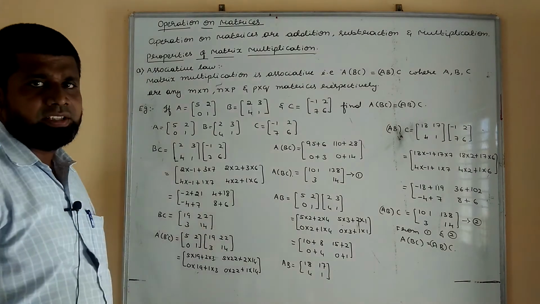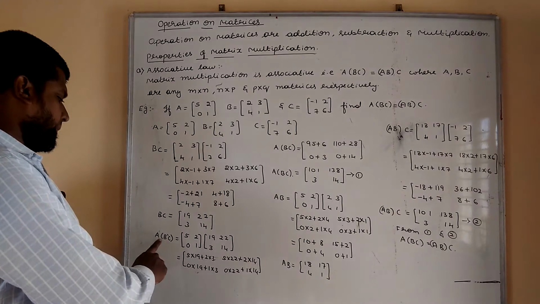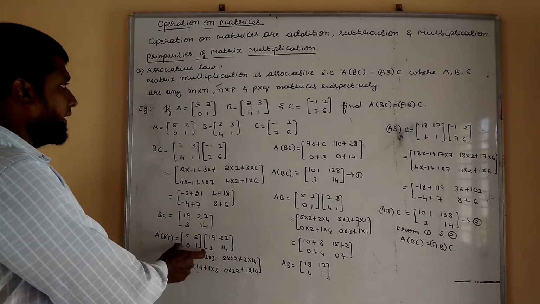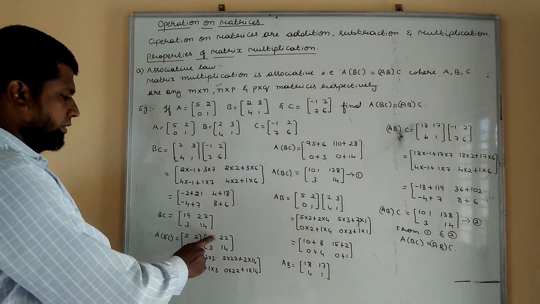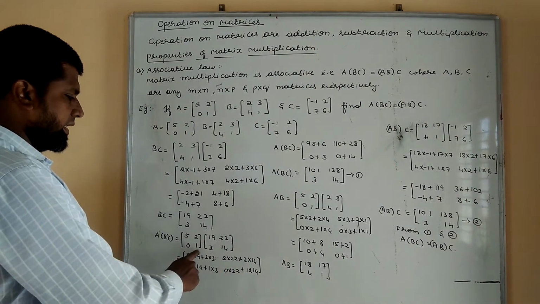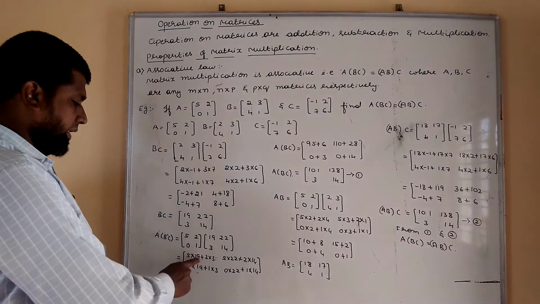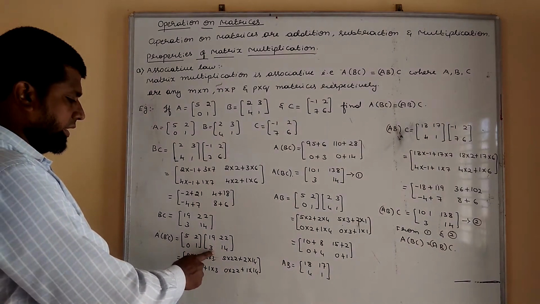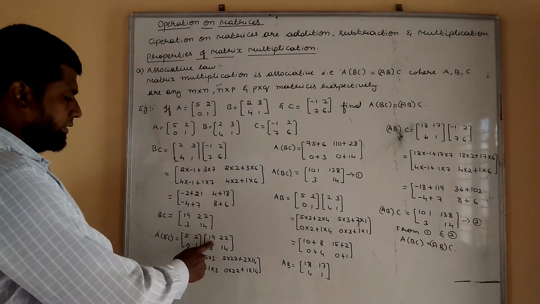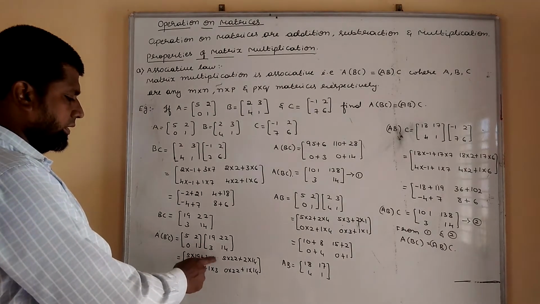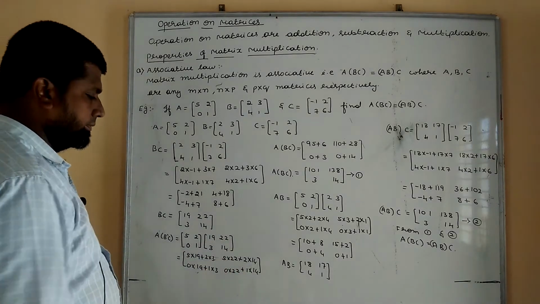BC is multiplied with A. I have written the value of A, then the BC value. Let us multiply the first row, first column, first row, second column, then second row, first column, then second row, second column. 5 into 19, then 2 into 3, 5 into 22, 2 into 14, 0 into 19, then 1 into 3, 0 into 22, then 1 into 14.